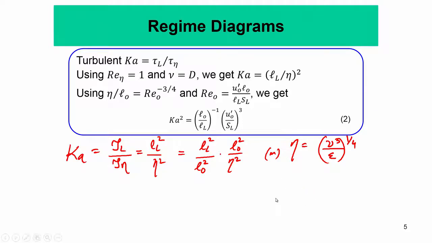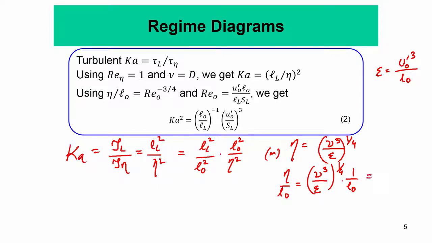Fine. So, if I write eta by L0, what I get is nu cube by epsilon to the power of 1/4, times 1 by L0. Now, what is epsilon? Epsilon is nothing but u prime cube by L0. So, we can just substitute.